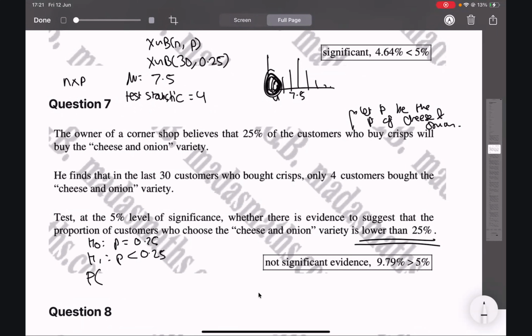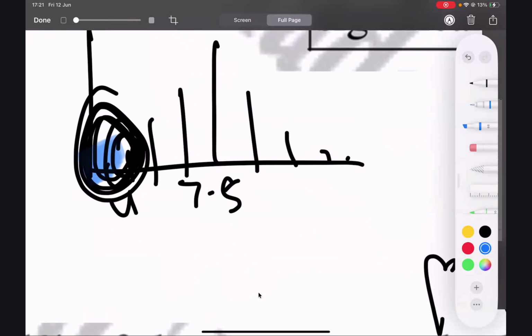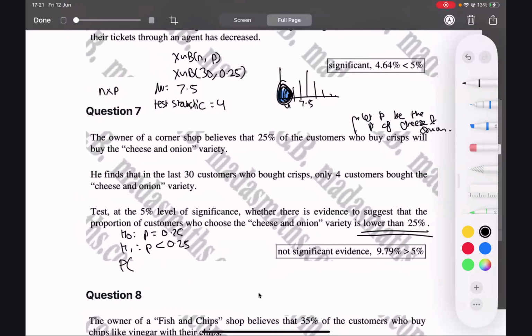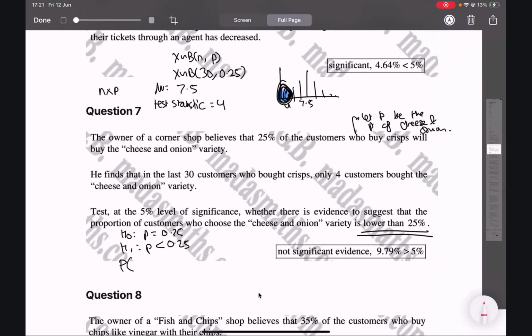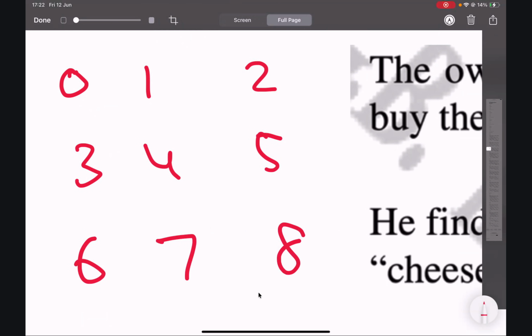Wait, is this where you plug in the calculator? Yeah. What are we going to put in the calculator? P is 0.25, N is 30, and X is 4, right? Yeah, but why are we doing that? Think about it this way: out of 30 customers, you could have 0 customers get cheese and onion, 1 customer, 2, 3, 4, 5, 6 customers, like up to 30.